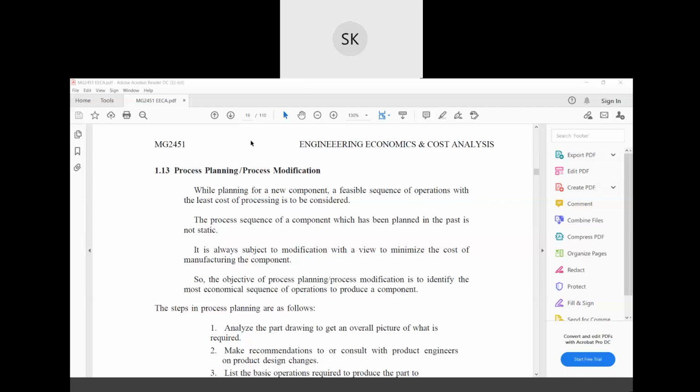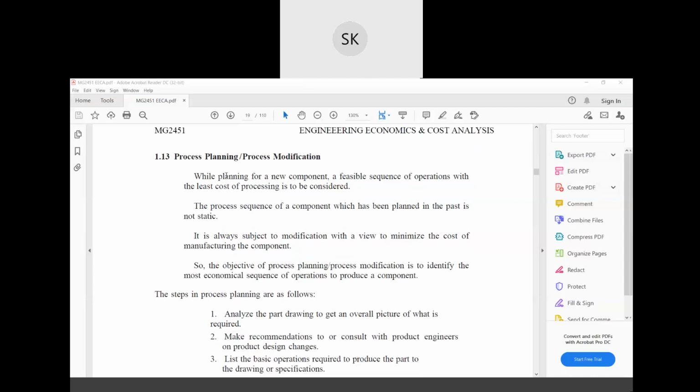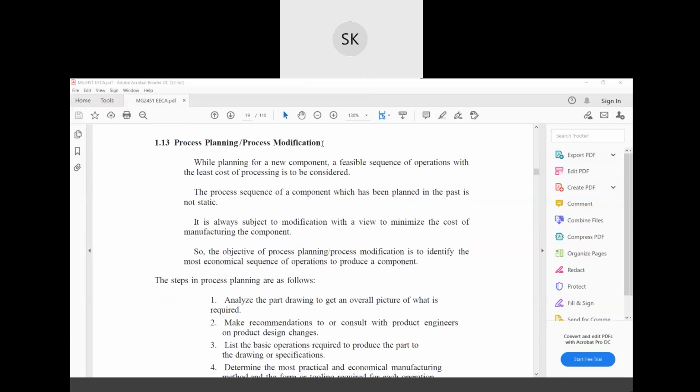Okay, the next is process planning, or you can say process modification. How you plan also depends, and that is also important for your cost reduction process. While planning for a new component, a feasible sequence of operations with the least cost of processing is to be considered. The process sequence of a component which has been planned in the past is not static.